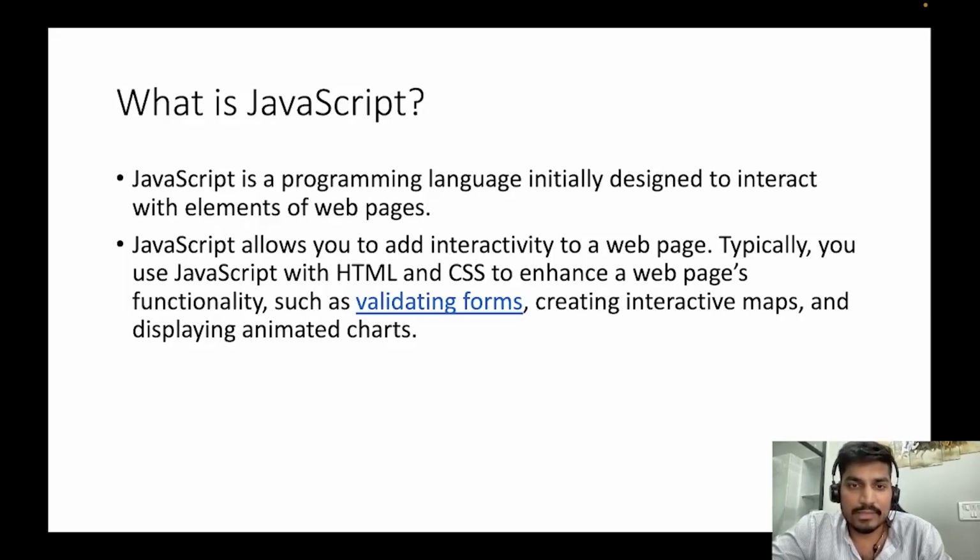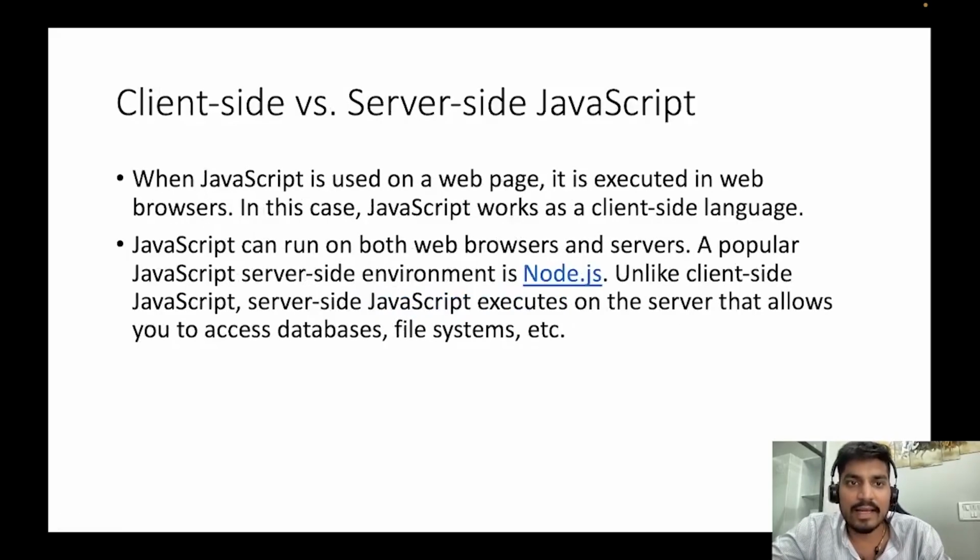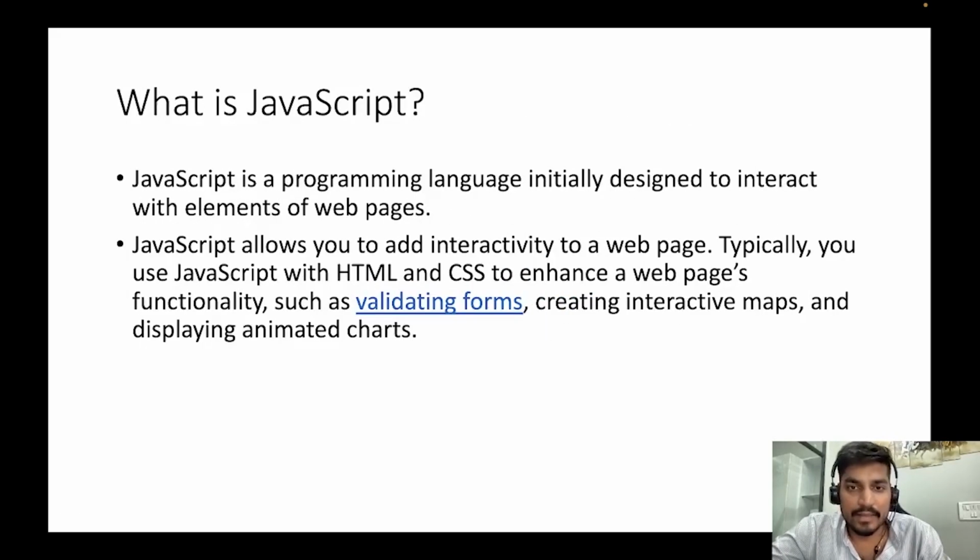JavaScript allows you to interact with web pages. It is typically used along with HTML and CSS to enhance web page functionality, such as validating forms, creating interactive maps, and displaying animated charts. All of that is handled by the JavaScript ecosystem.